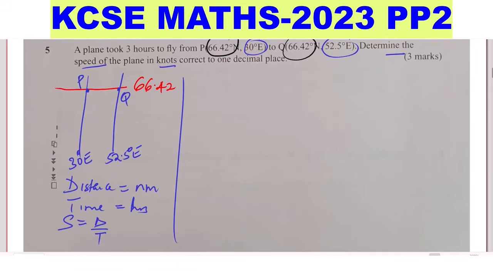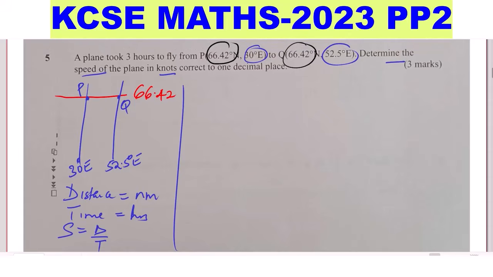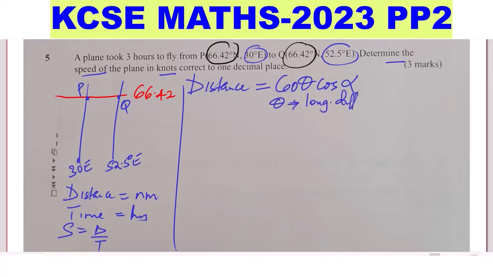So we need to get the distance in nautical miles between P and Q. To get distance along the small circle or the circle of latitude in nautical miles, this is how we do it. The formula is distance equals 60 theta cosine alpha, where theta is the longitude difference, and alpha is the latitude angle.